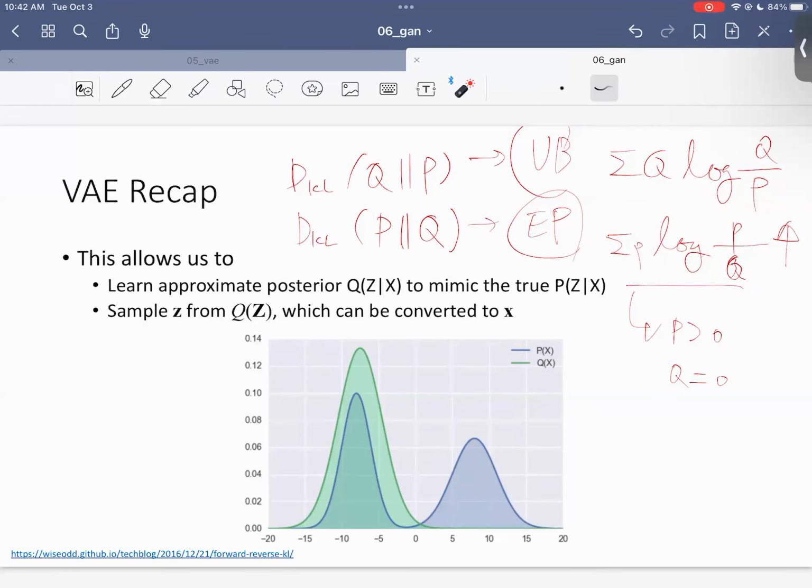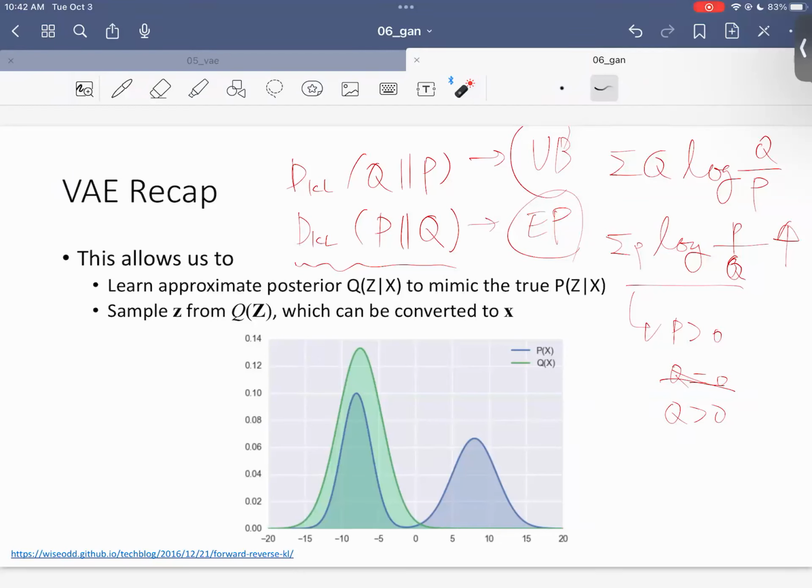So that means whenever P is not zero, Q also has to be not zero. So this is not good. Whenever P is not zero, Q must also be not zero in order to minimize this guy. So Q is trying to cover all the support of P. Whenever there's P, Q must be there too in order to minimize DKL PQ.